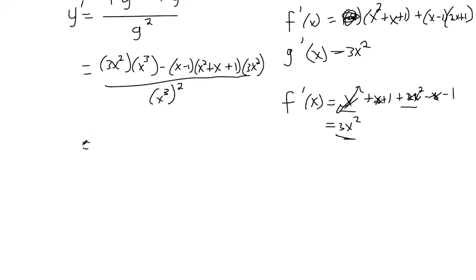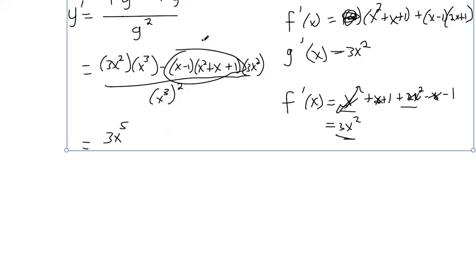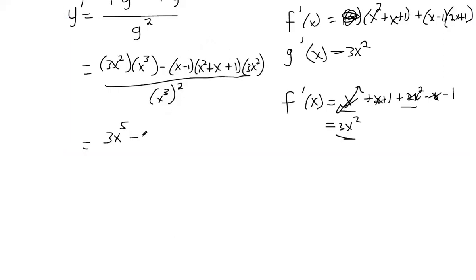The rest is just algebra, trying to clean it up and make it look nice. So this is 3x to the fifth, this term. This term is still a monster. Let's just multiply these together to start off. You might want to do that off to the side if you're not good with multiplying two parentheses with multiple terms. But I'm doing x times x squared makes x to the third. And I've got x times x makes x squared.